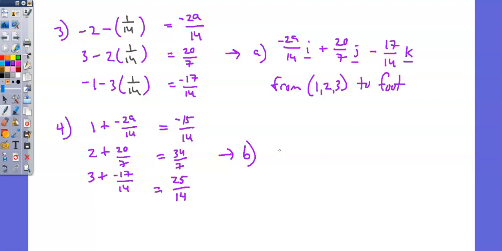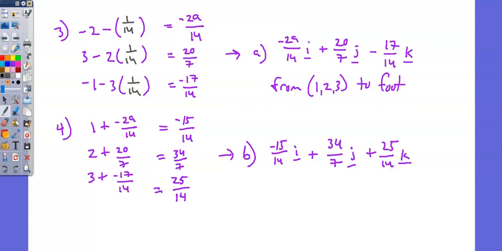We're writing in vector form as negative 15 over 14 i plus 34 over 7 j plus 25 over 14 k.